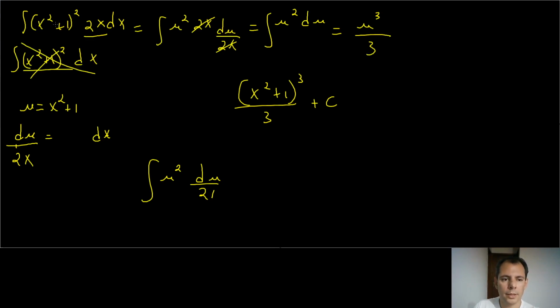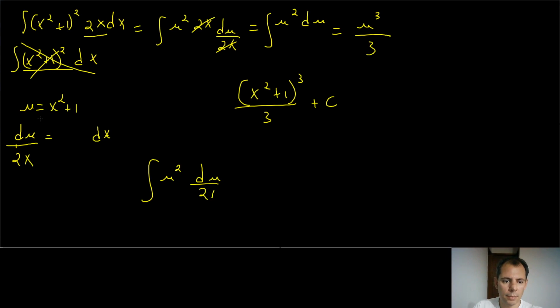When you integrate an inner function and an outer function, you're going to integrate the outer function, but you have to divide by the derivative of the inner function. And since you're going to divide by the derivative of the inner function, the derivative of the inner function has to be already in the formula.